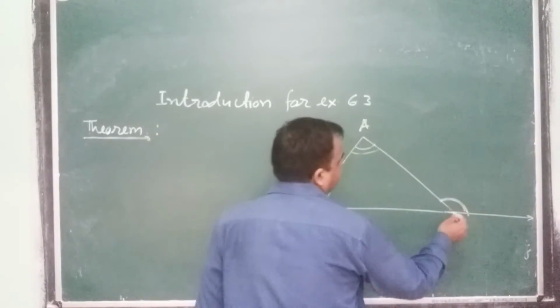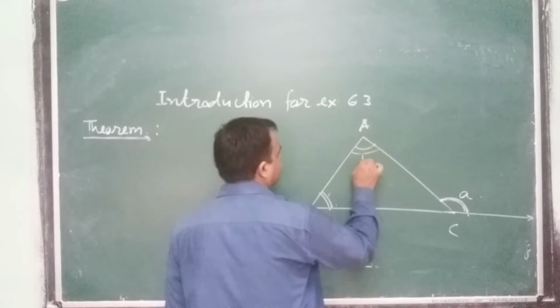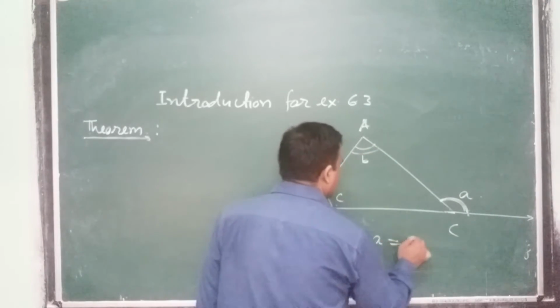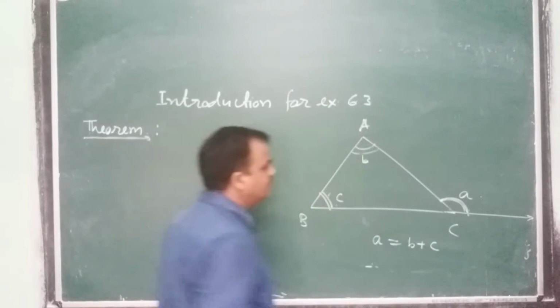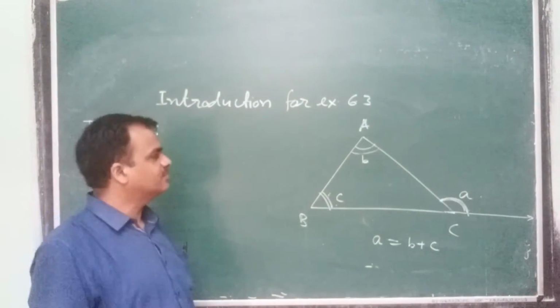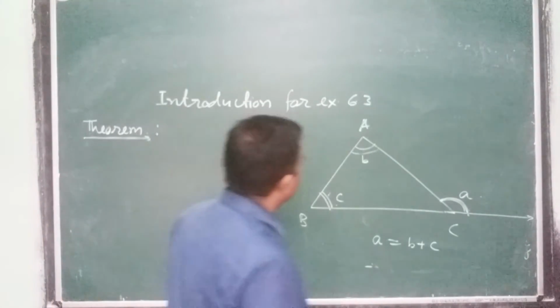Say this angle is A, this is B and C, then angle A must be equal to angle B plus angle C. And easily we can prove it by using angle sum property. Look at this.